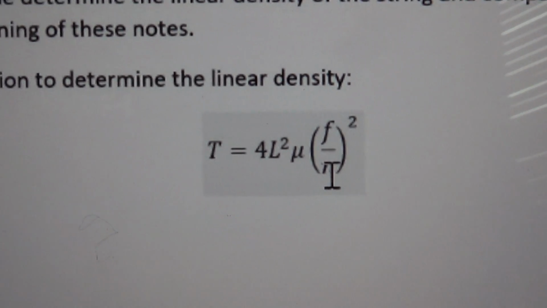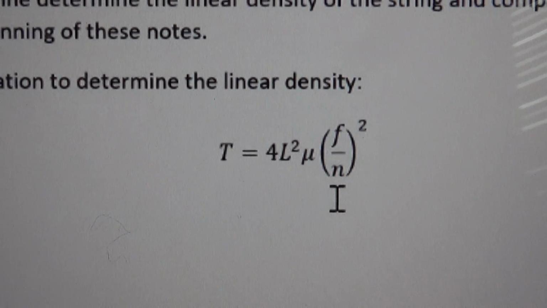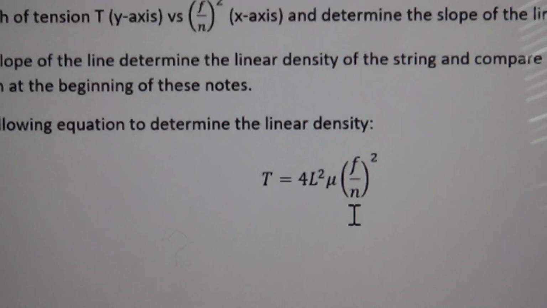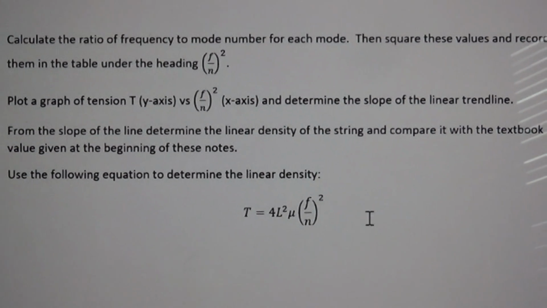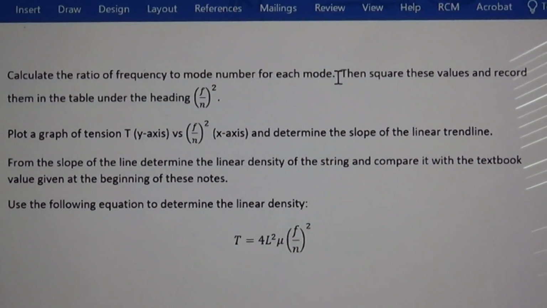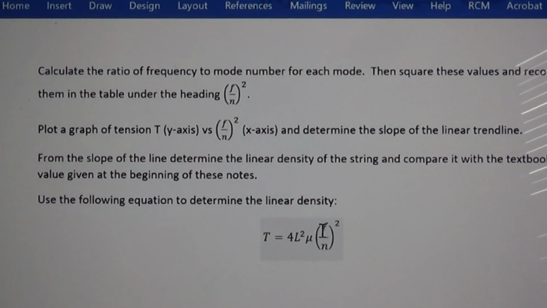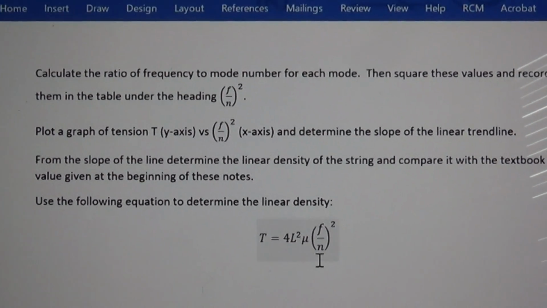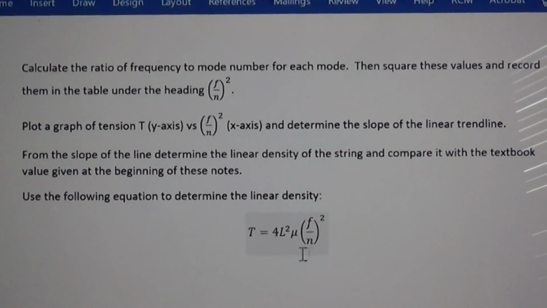And N is the harmonic number of whichever standing wave that you are achieving with that particular tension T. Okay, so we're going to calculate the ratio of the frequency to mode number for each mode. That's F over N. Okay, so the frequency that you get for that particular standing wave divided by the mode number or the harmonic number for that same particular wave and that tension.